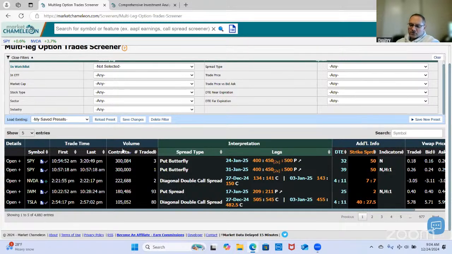And a lot of people use the options trades for various purposes. One is to understand what's going on in the marketplace, what are people trading, what are the values they're trading at, the volumes, the particular instruments, whether it be ETFs or single stock equities, maybe industries.